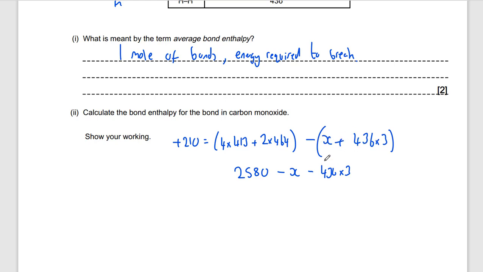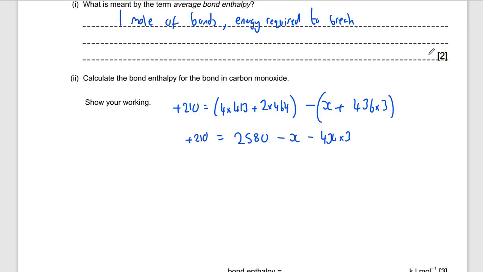I'm going to minus it at this point. So that equals plus 210. So I'm going to make it negative. It just separates it out. Again, because this is exothermic, because it's bonds being formed, this value is going to be negative anyway. I'm going to have to subtract it regardless.